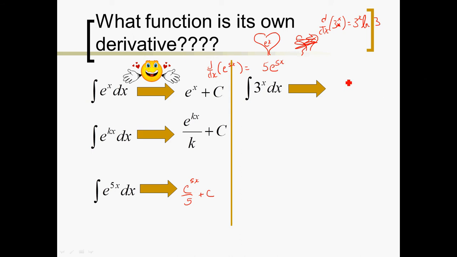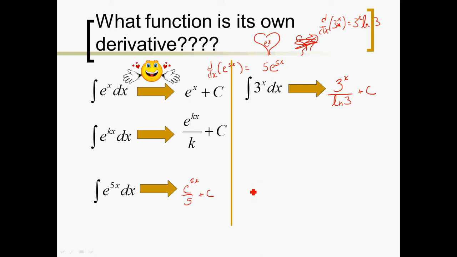The antiderivative is 3 to the x. But instead of multiplying by the natural log of 3, guess what you do? Naturally, divide. Pretty cool.